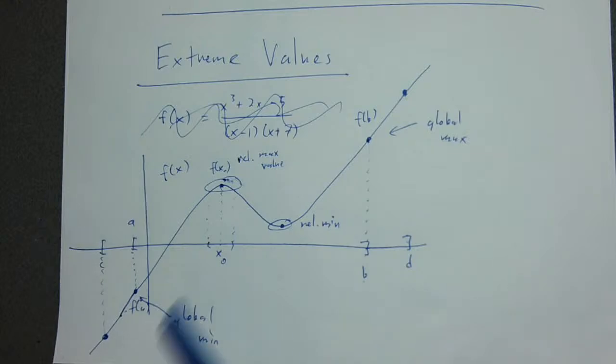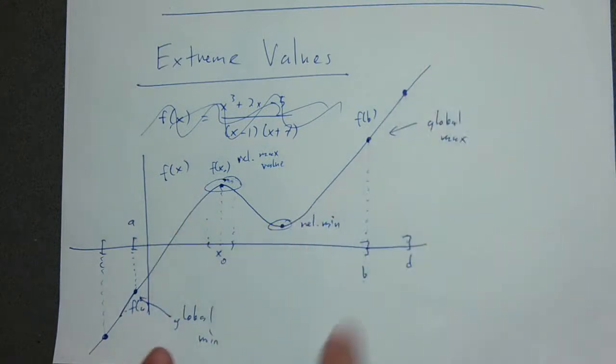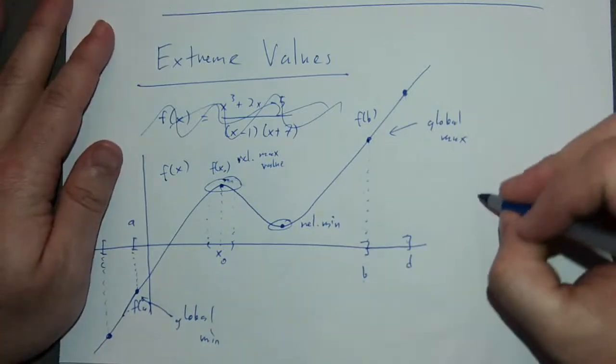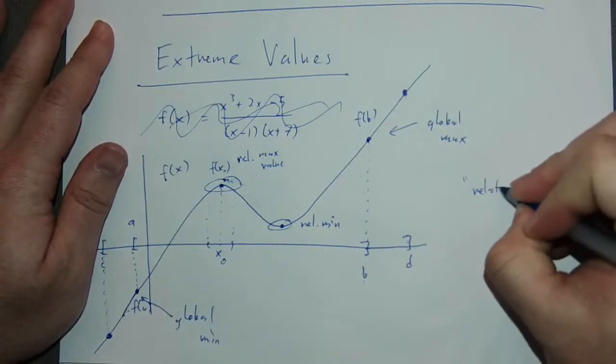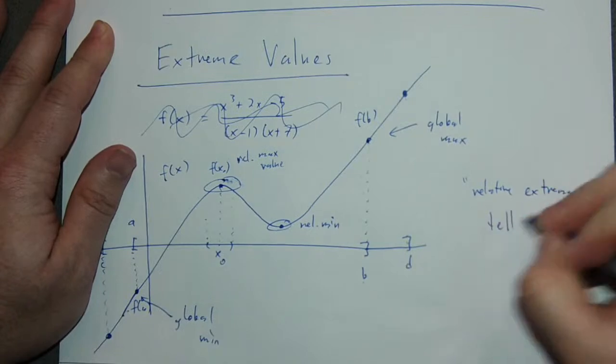Once you know its relative extreme values, you know something about the shape, whereas the global mins and maxes may really just be telling you something about the size of your interval. So relative extrema tell you the shape of the function.